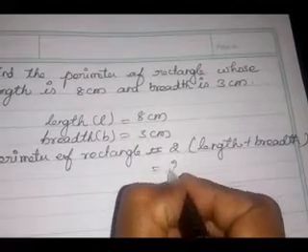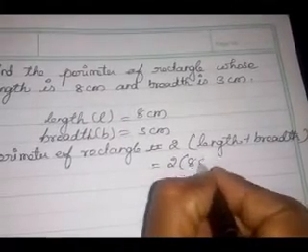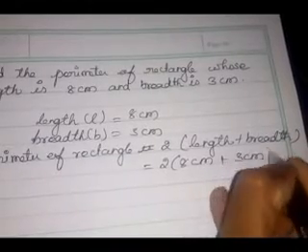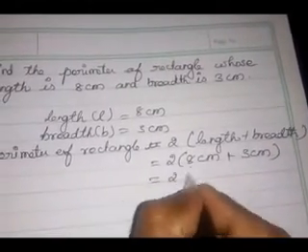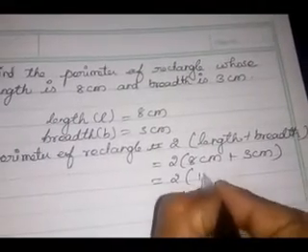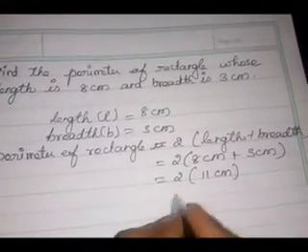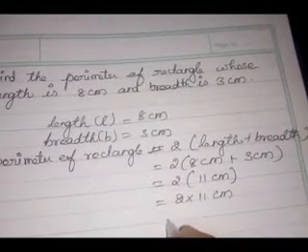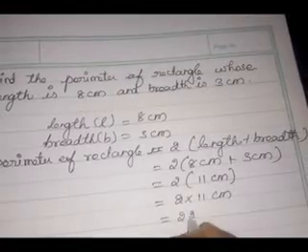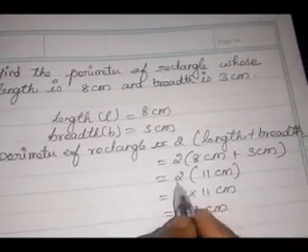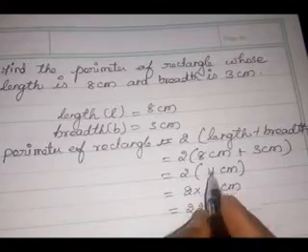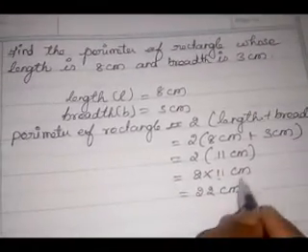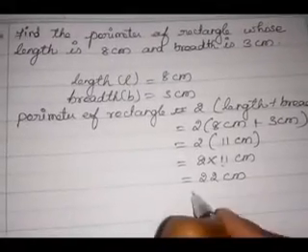So 2 into 8 plus 3, which is 11 centimeter. Next 2 into 11, which is equal to 22 centimeter. A 2 outside the bracket with 11 means multiplication, so 2 into 11 is 22 centimeter.